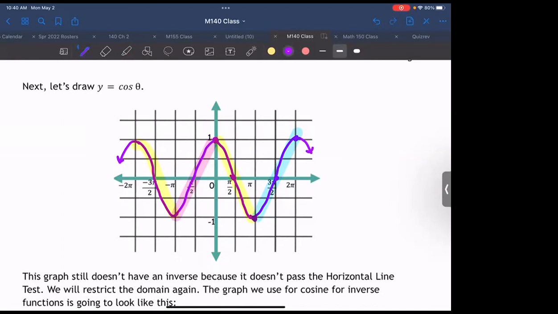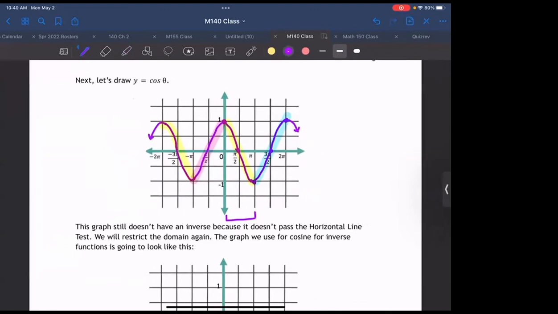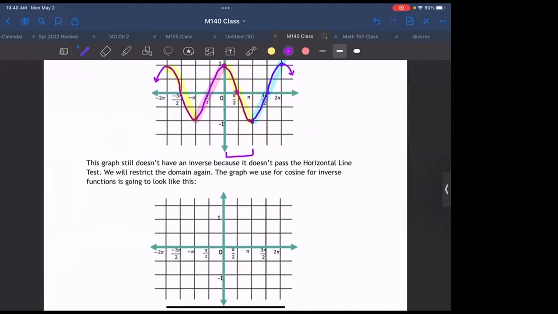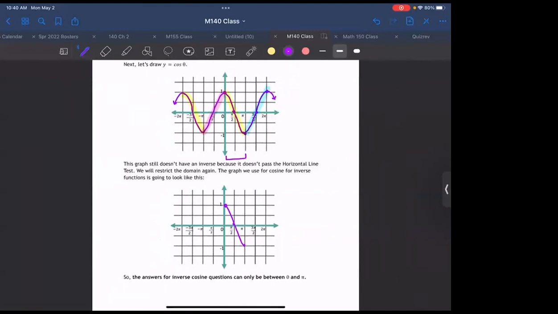So we're going to restrict the domain between 0 and pi. So when we restrict our domain, the graph of cosine is literally going to look like this between 0 and pi. And the answers for cosine are always going to be between 0 and pi. That's where our answer is always going to lie.